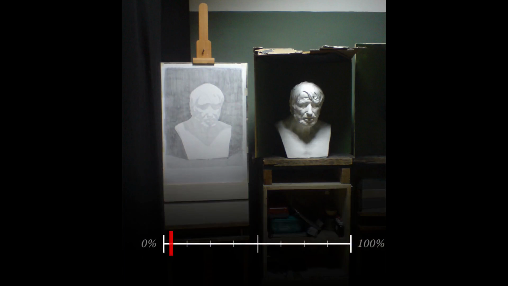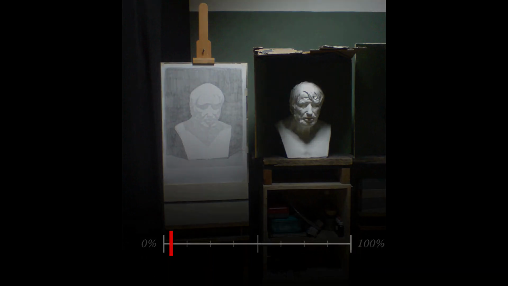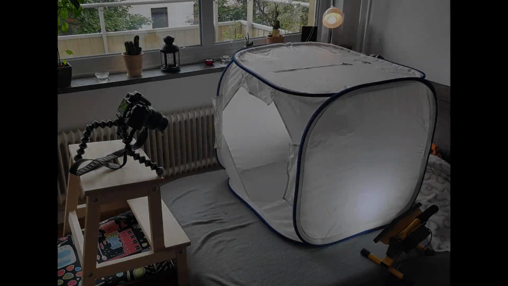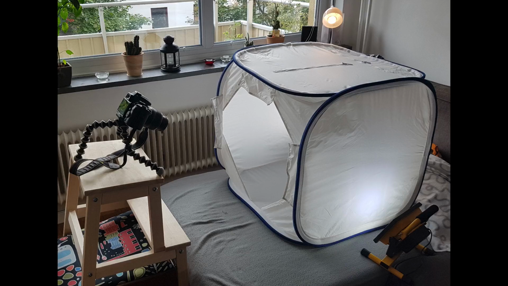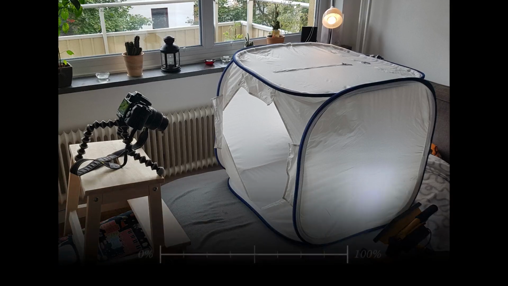So here we have a very low amount of ambient light and clean, dark shadows. The exact opposite is a light tent, which is often used in product photography. This is maximizing ambient light, and there's basically no shadow left, except for cavities and where the object touches the floor.